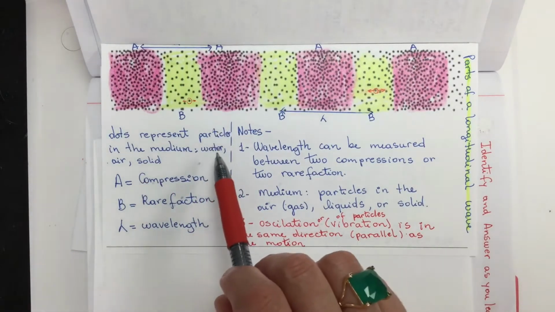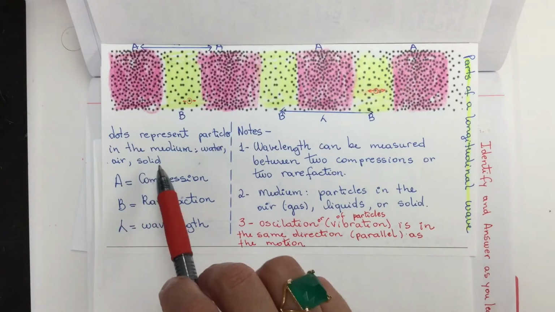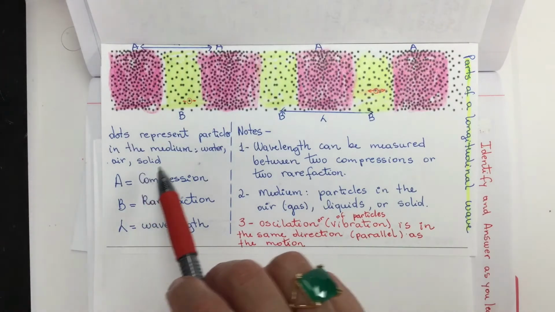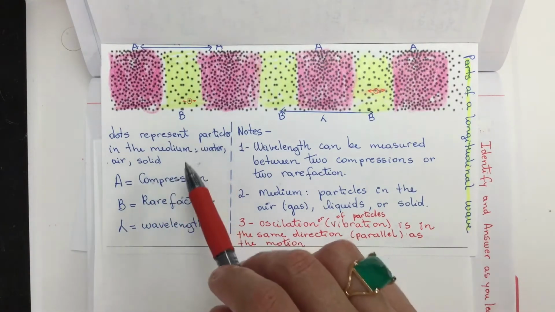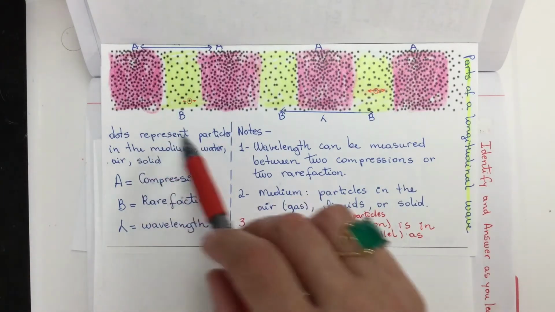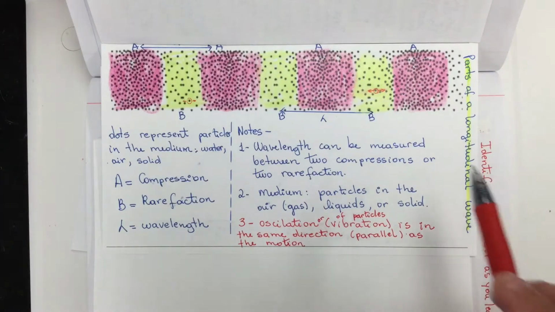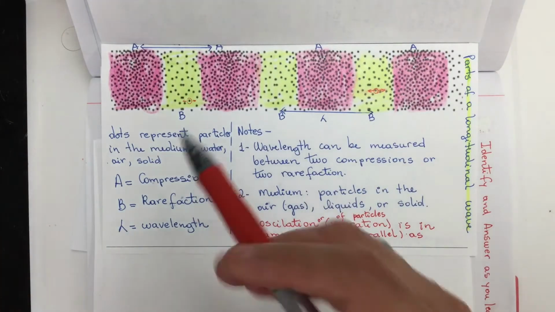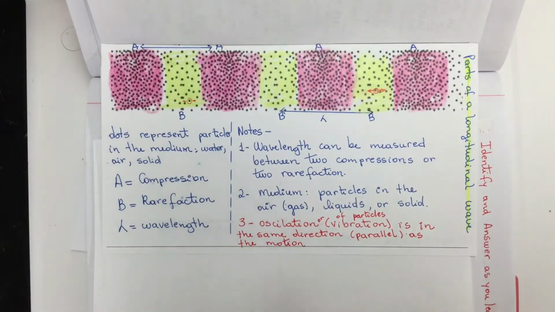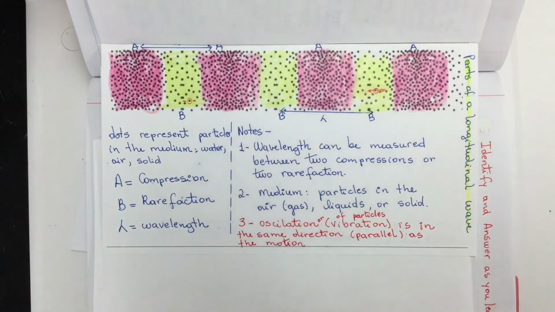It could be liquid, like water, air as a gas, or a solid, like any solid material. All the particles that make up this medium are going to carry the sound energy. So it's considered mechanical energy because it requires a carrier to move the energy, in this case from left to right.